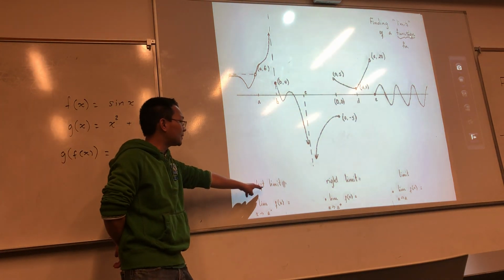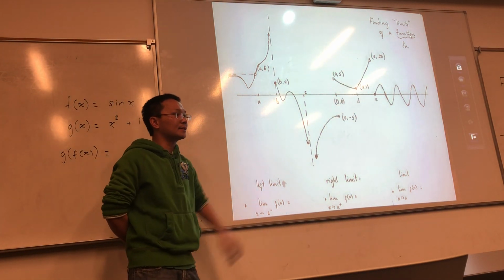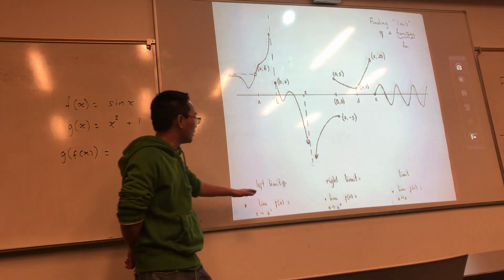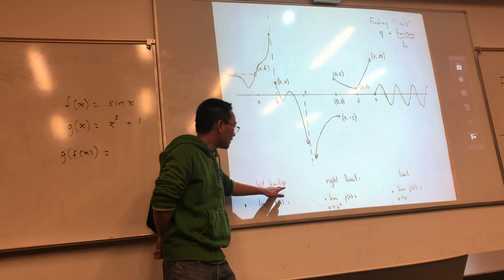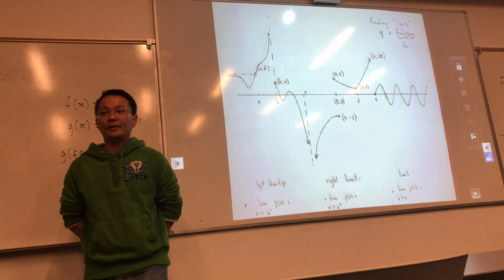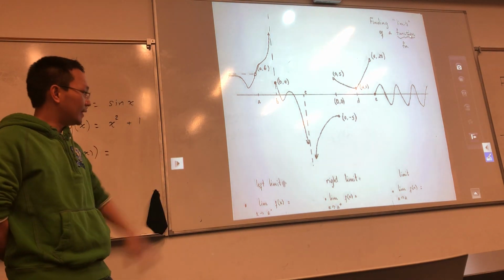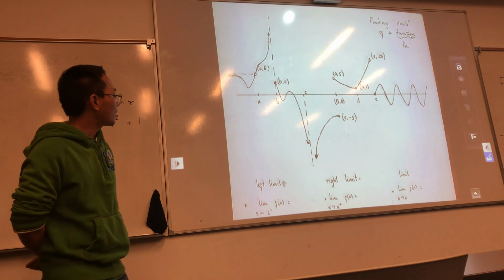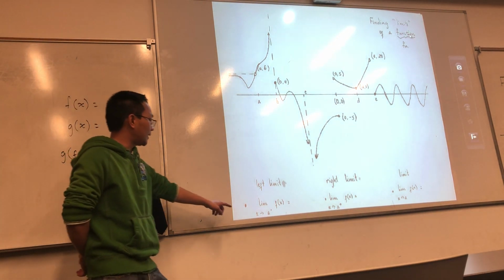You've got the left limits, the right limits, and the limits. We're going to learn the left and the right first, and then the limit will follow very trivially. So let's focus on the first line.